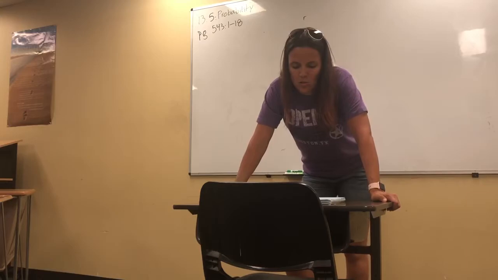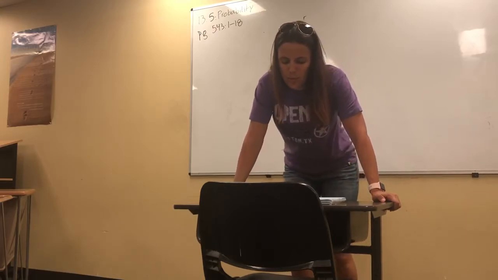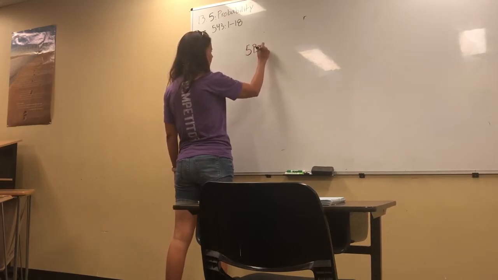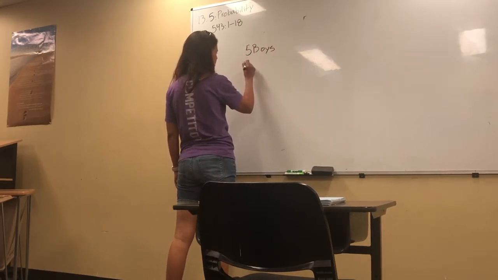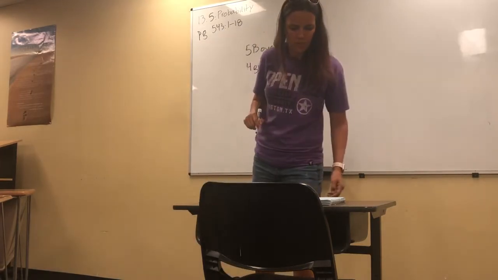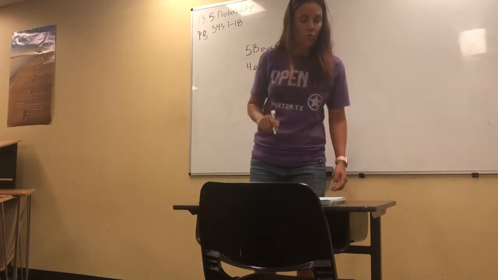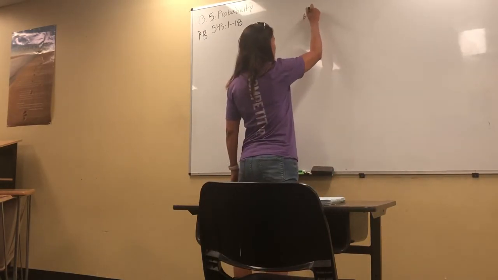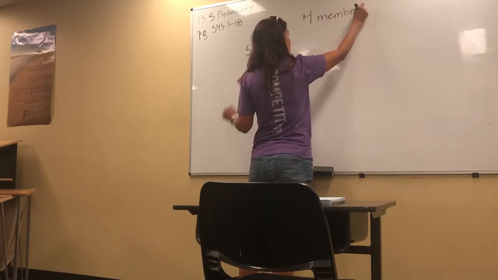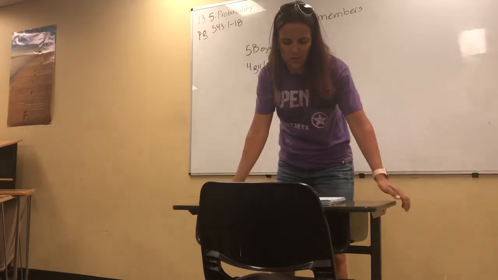So you're forming a social committee of 4 people. You have 5 boys, and you have, nope, I think it said 4 girls. Yep, and you want to choose 4 people total. Just 4 members. It doesn't say how many girls or how many boys, at least it hasn't yet.